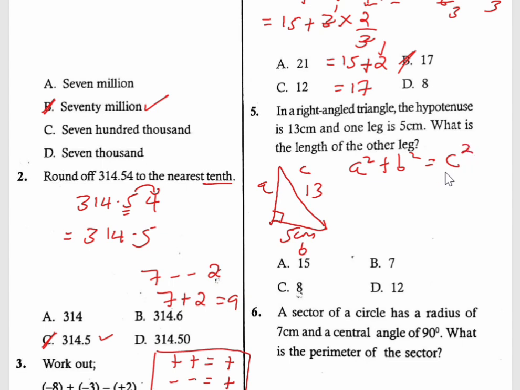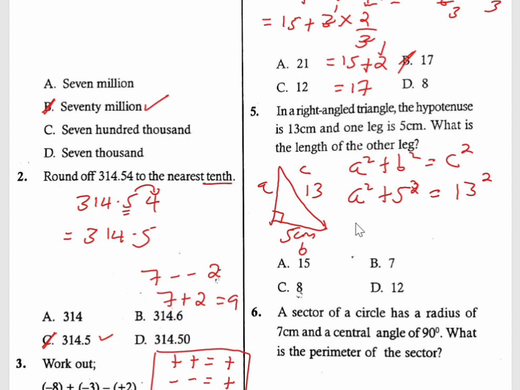That is, the sum of the shorter sides squared is equal to the hypotenuse squared. A is the unknown, so I'm going to put A squared plus B squared, which is 5 squared, equal to C squared, and C is 13, so 13 squared.